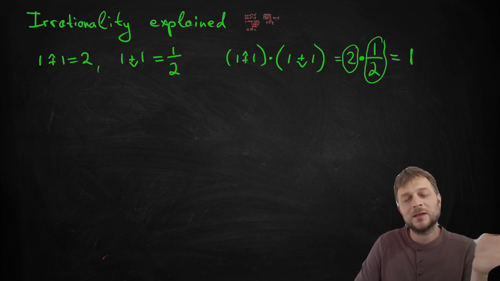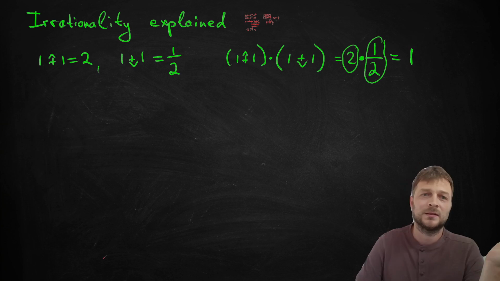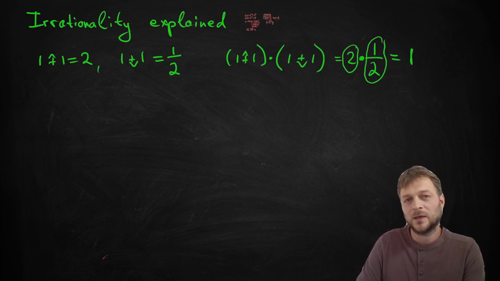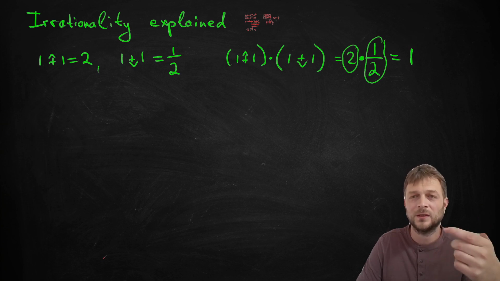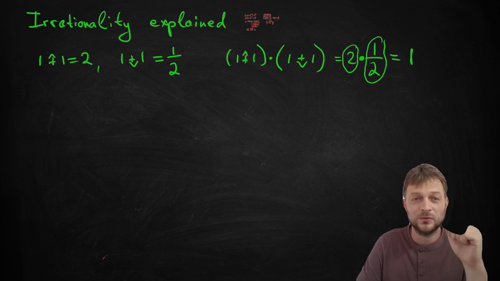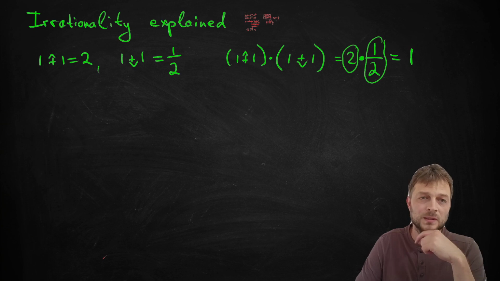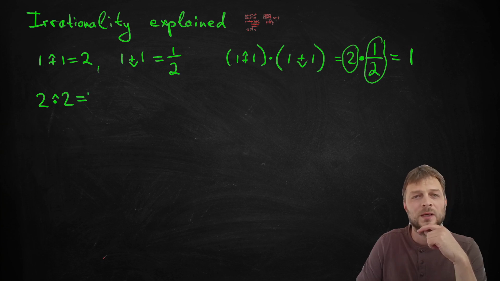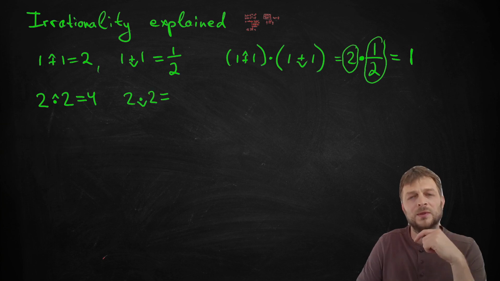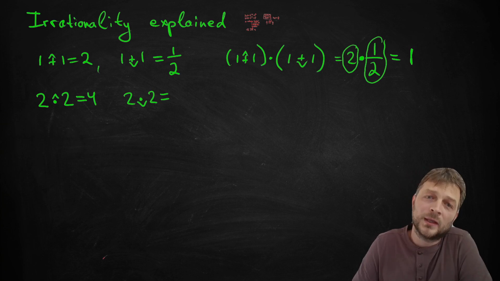So let's see how it looks in terms of multiplication. When we multiply, we cannot use 1 because that looks more like the identity for multiplication instead of the unit, instead of discrete. We will use 2 and we will come back to this question. So when we multiply 2 by 2, we get 4, but when we multiply 2 by 2 in dual multiplication operation, we will get 2 to the power 1 plus 1.